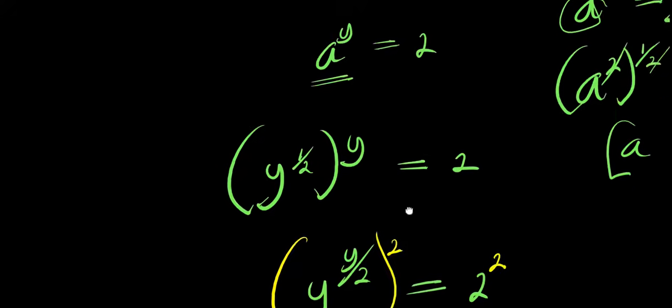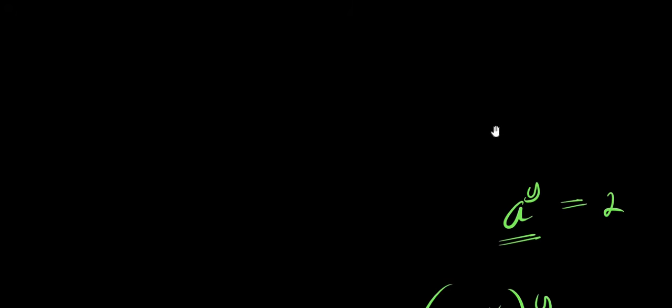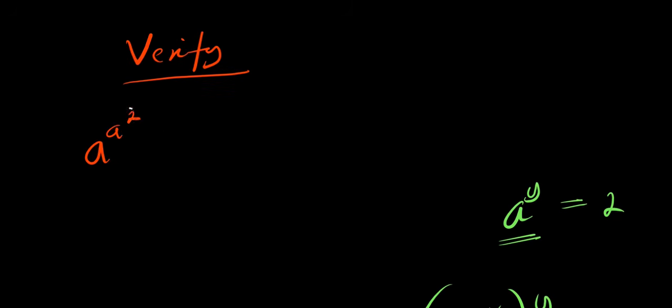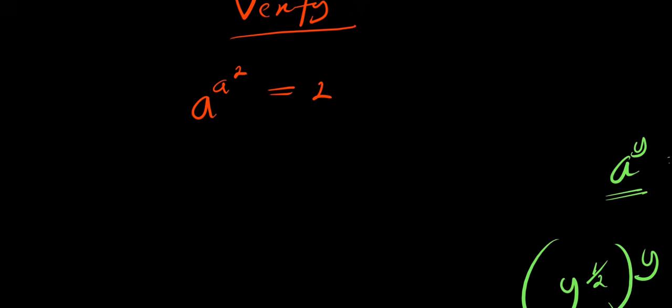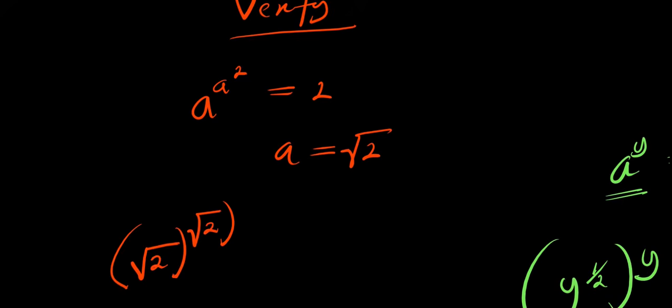So ladies and gentlemen, we can decide to verify. I have verified. So I have a^a equals 2, meaning my a is square root of 2. I have square root of 2 raised to the power of square root of 2, is it the same thing as 2?